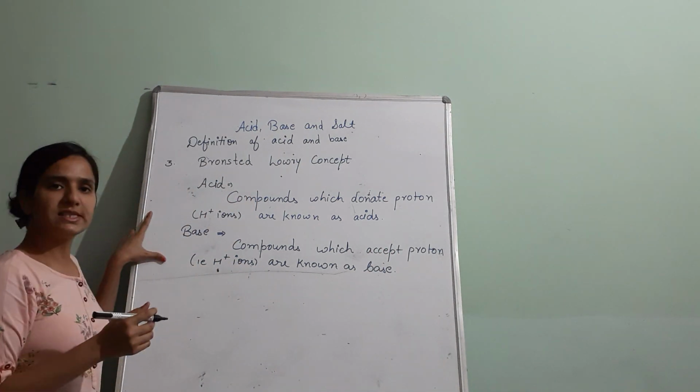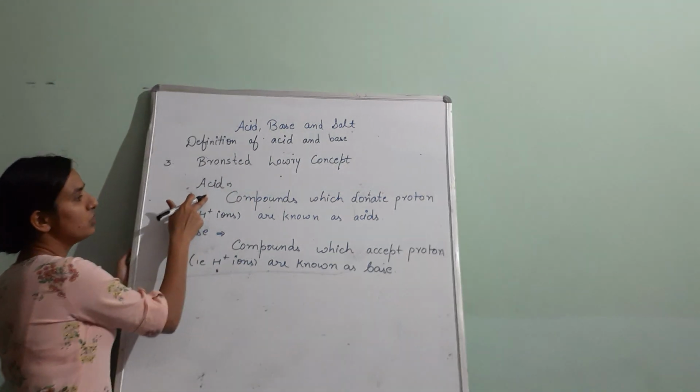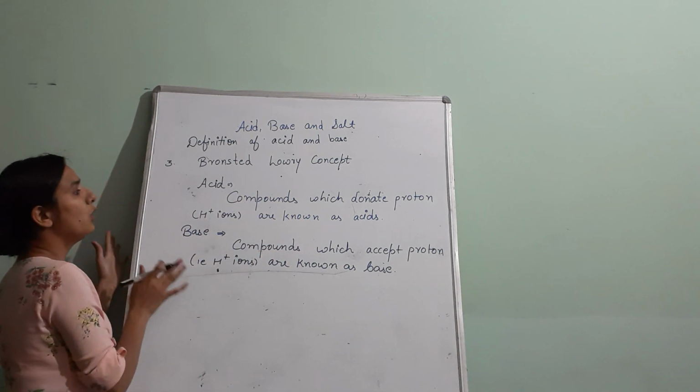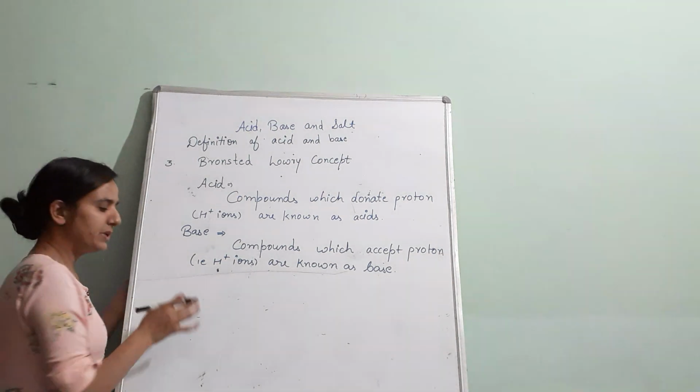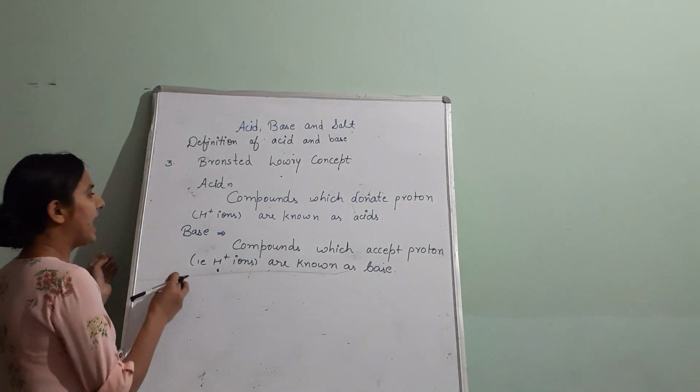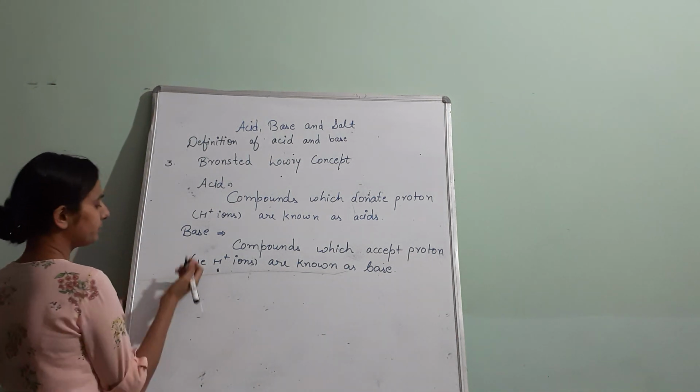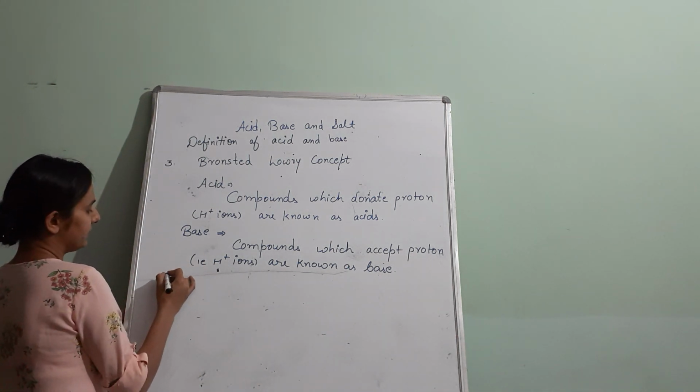So, definitions are clear. First one, acids which donate proton, base which accepts proton. Now, we are dealing with some examples of acid and base both together. So, note it down. Now, we discuss some examples.